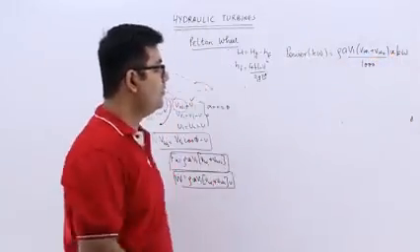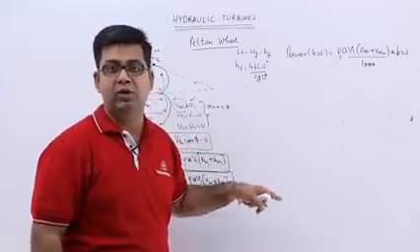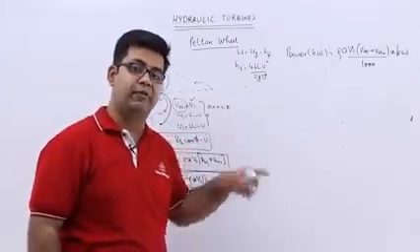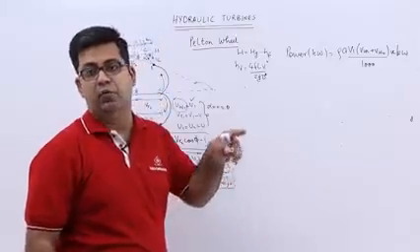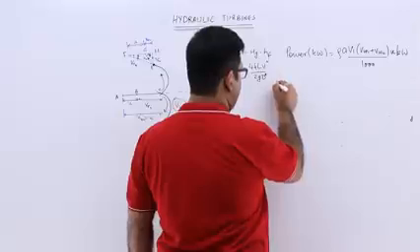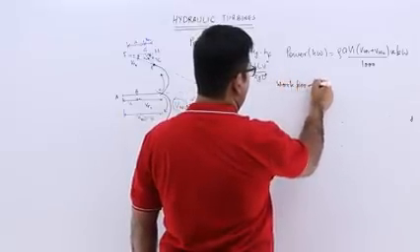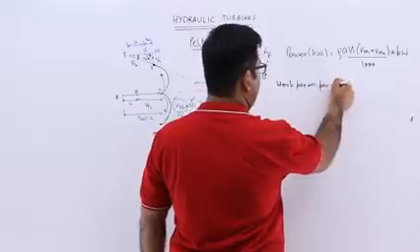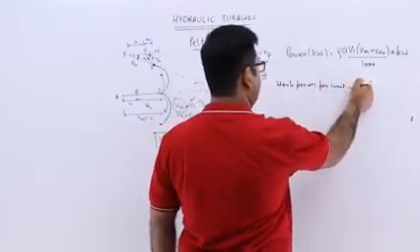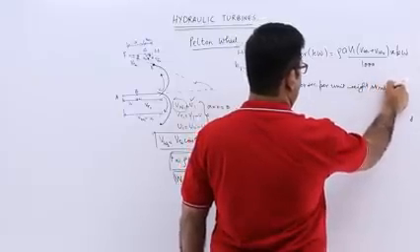So now find out the work done per unit weight, or work done per second per unit weight of the water striking per second. Okay, so this will be work per second per unit weight of water striking per second.